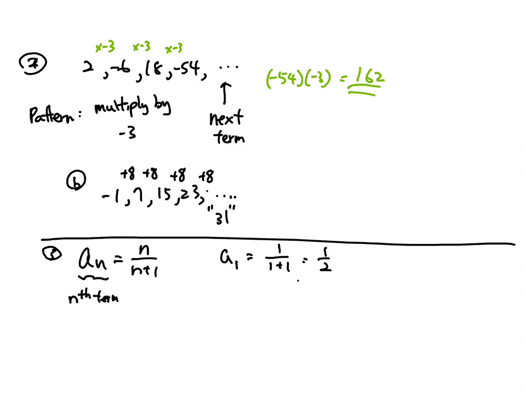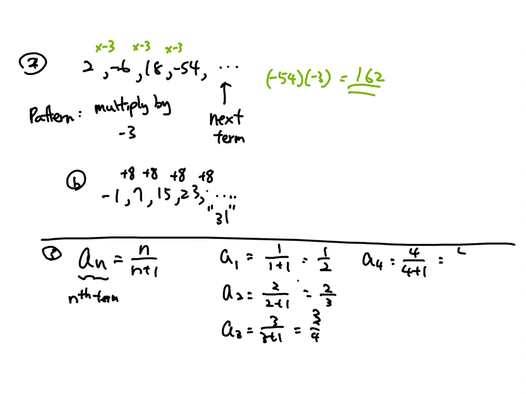A sub 2, same idea, plug it in: 2 over 2 plus 1, which is 2 over 3. A sub 3 is 3 over 3 plus 1, which is 3 over 4. A sub 4 is 4 over 4 plus 1, which is 4/5.